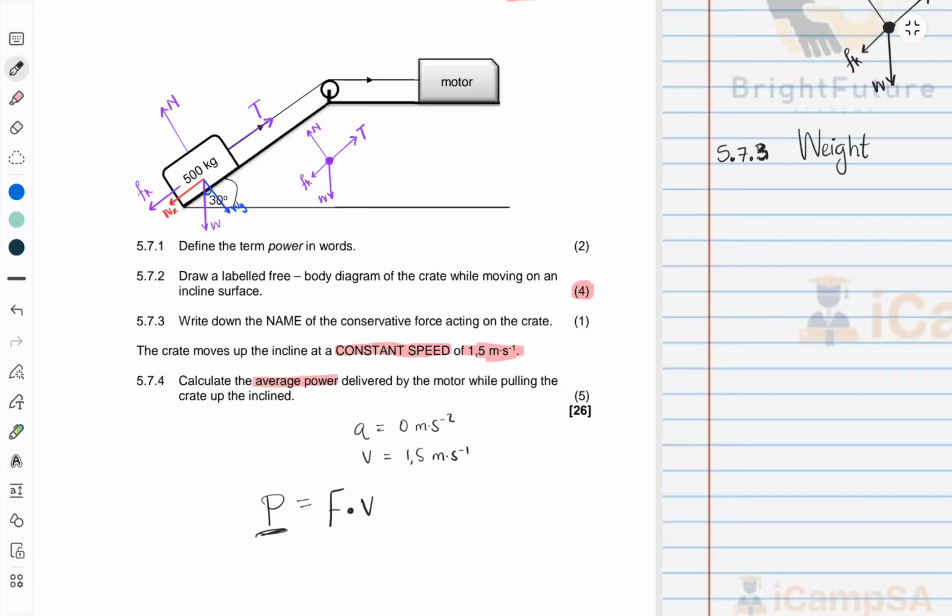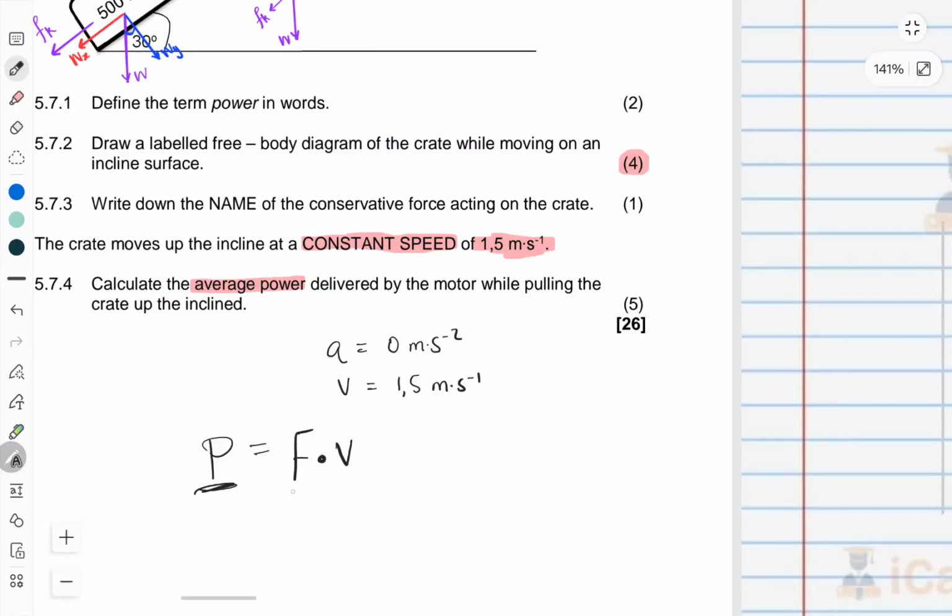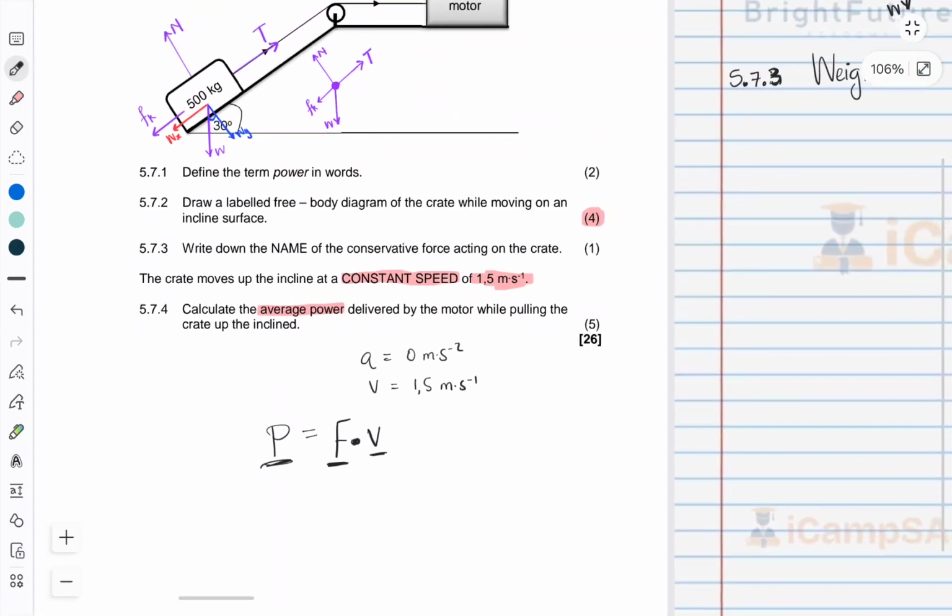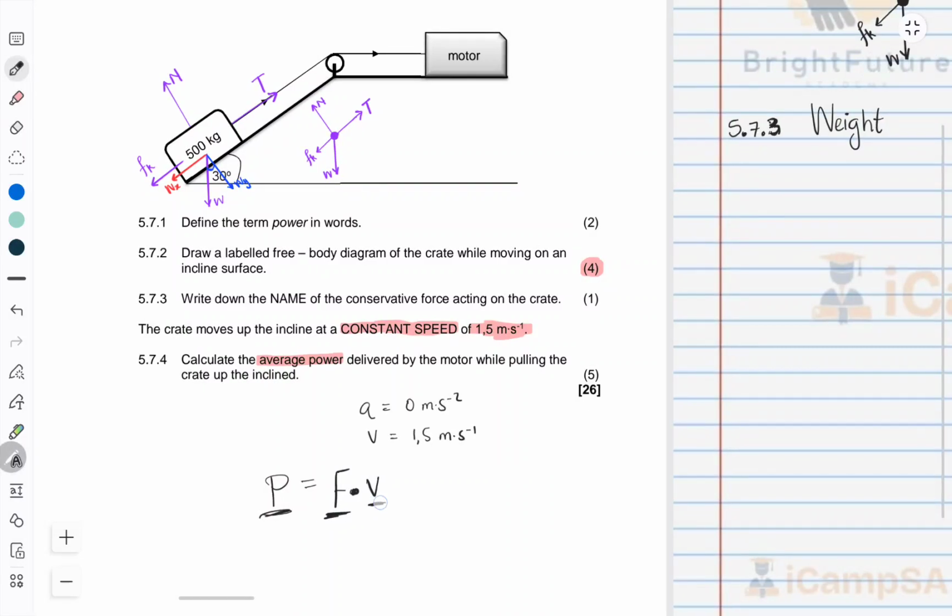In this case, we have a motor applying a force on the 500 kilogram block, and the block moves at a constant speed of 1.5 meters per second. So we need to find how much force the motor applies, then multiply it by the speed of 1.5 meters per second. Speed is already given, so we must first find our force.